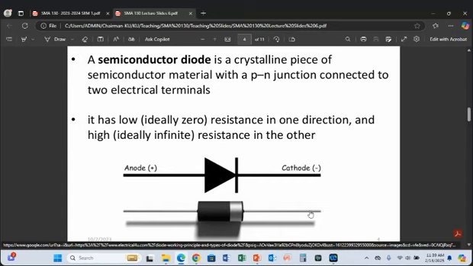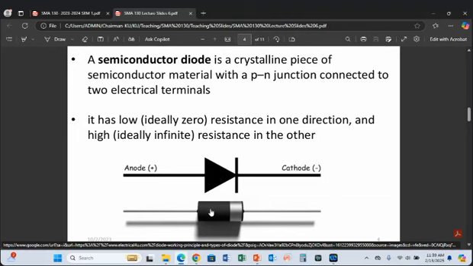So when you are connecting a circuit involving a diode, you must forward bias it. You must connect the terminals correctly: the negative you connect to negative, the positive you connect to positive of the power supply.